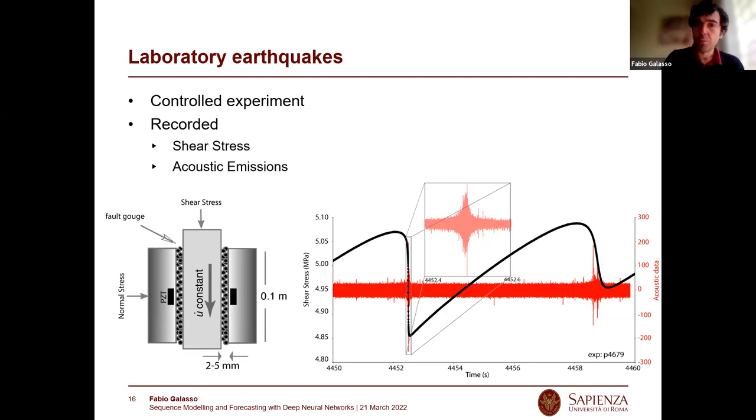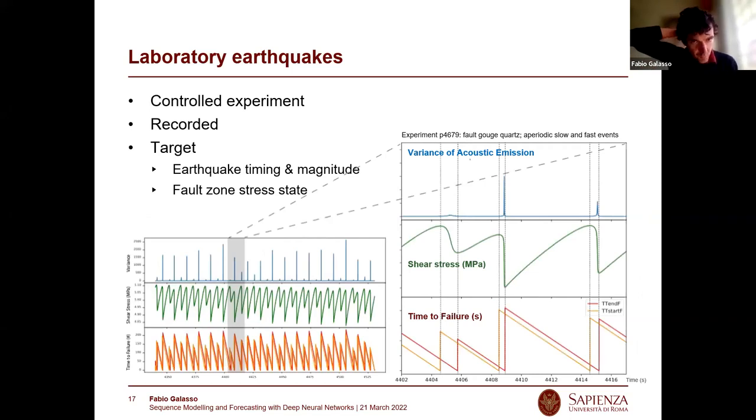Now basically, we like to think about this in terms of 3 sort of layers of knowledge. So the acoustic emission is what you can effectively observe also in natural earthquakes. Then there is some underlying shear stress within the ground.